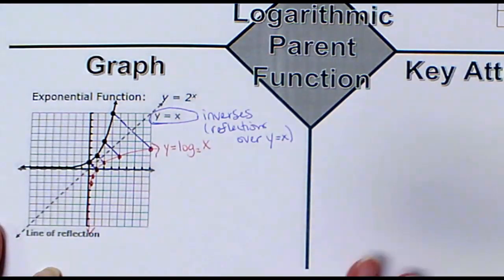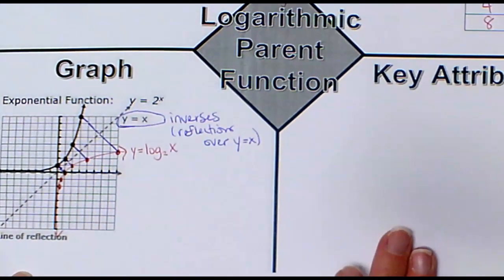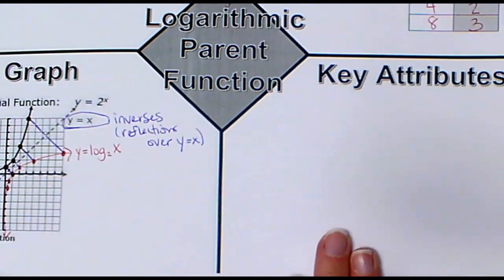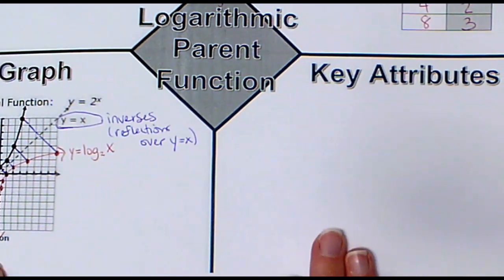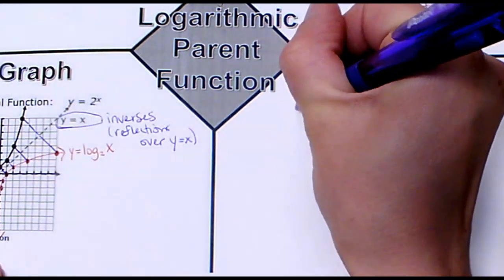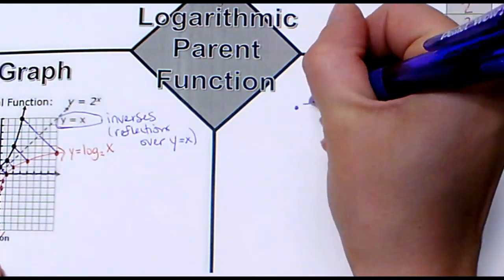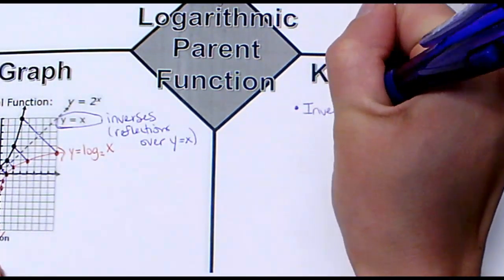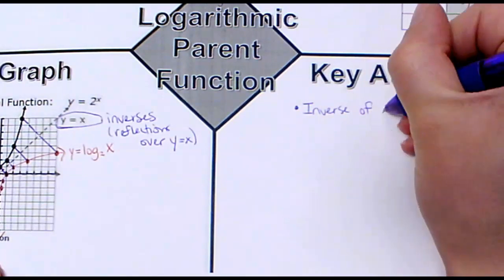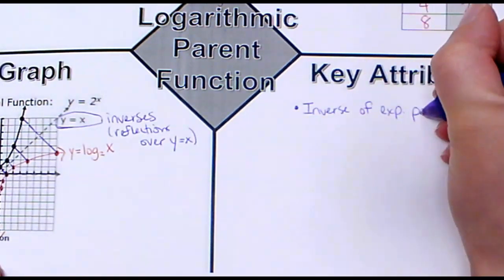So we have some key attributes that we want to discuss. The first is that these are inverses of each other. The logarithmic parent function is the inverse of the exponential parent function.